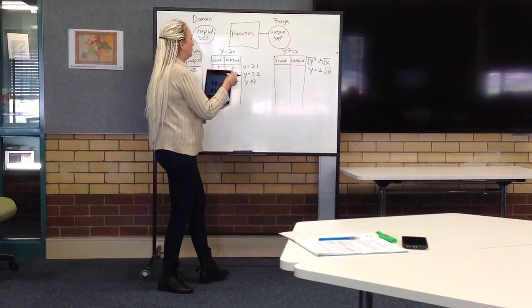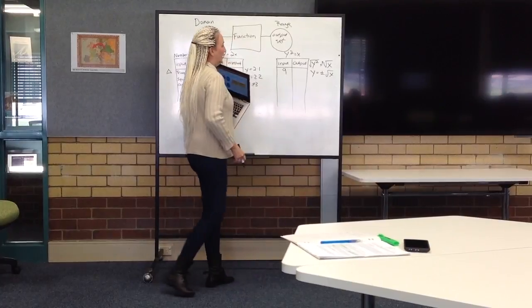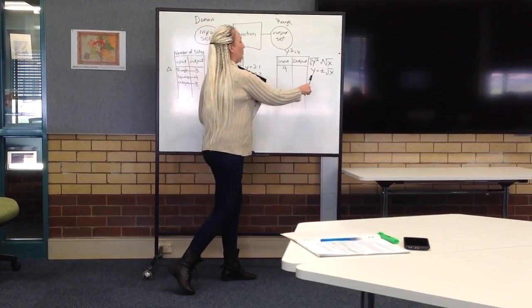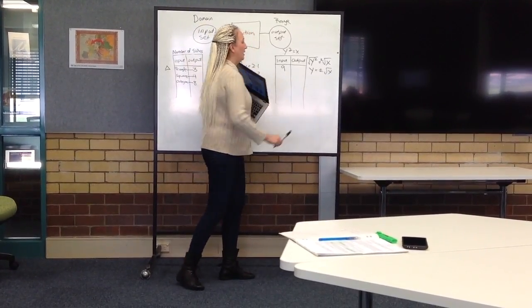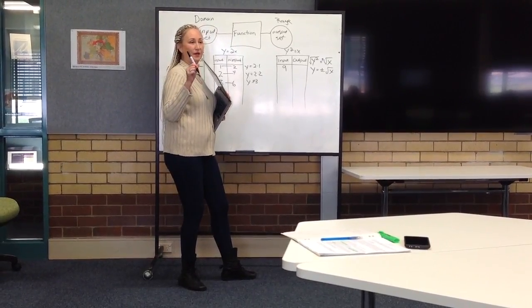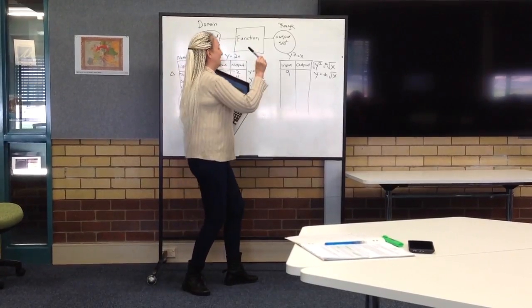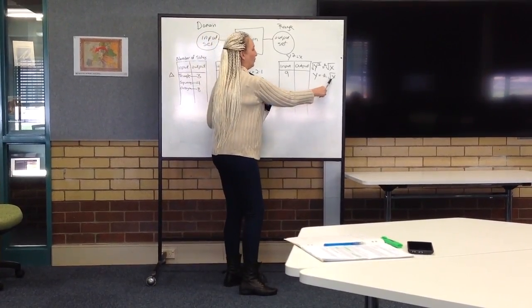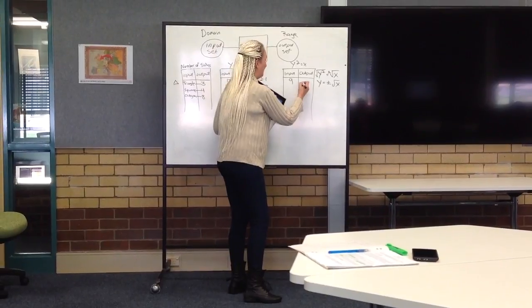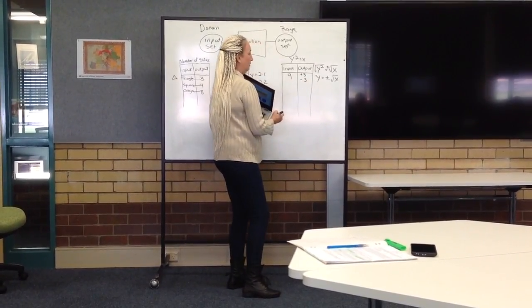So let's put some numbers in here. Let's make x equal 9. Now, what can we get for y? If x equals 9, we can get 2 numbers. One is positive and the other one is negative. So that would be a positive 3 or a negative 3. Great.